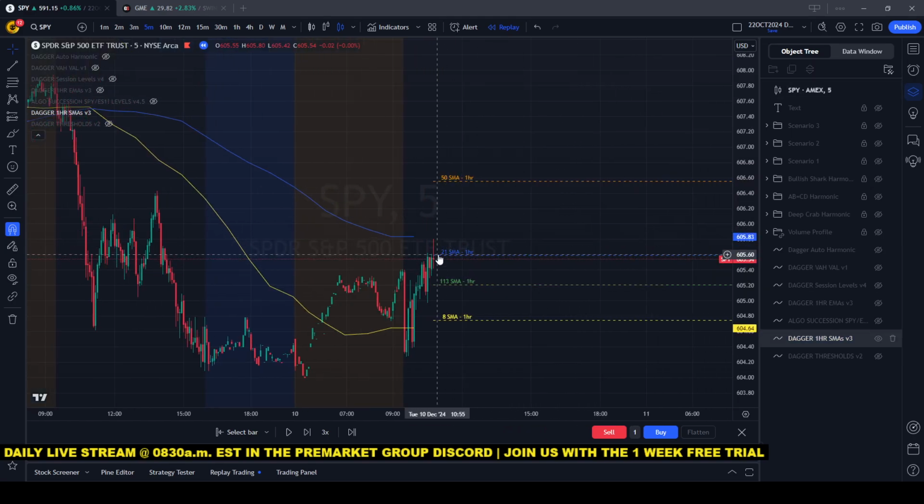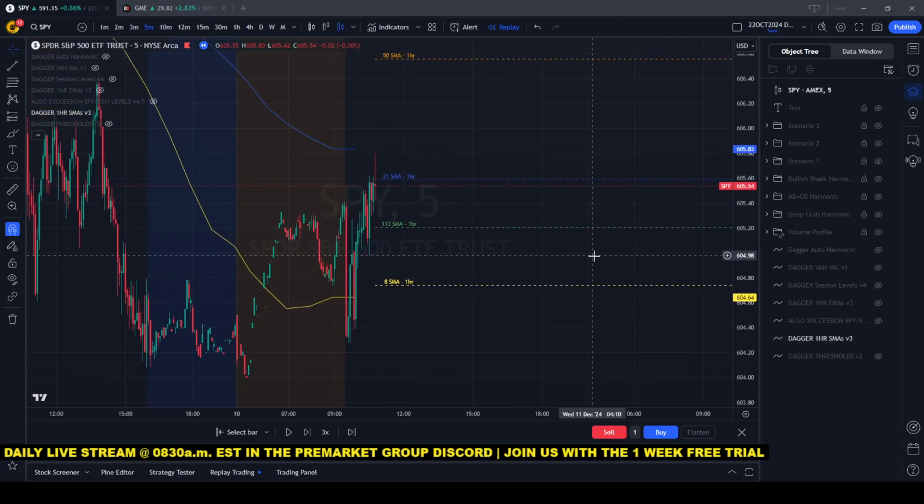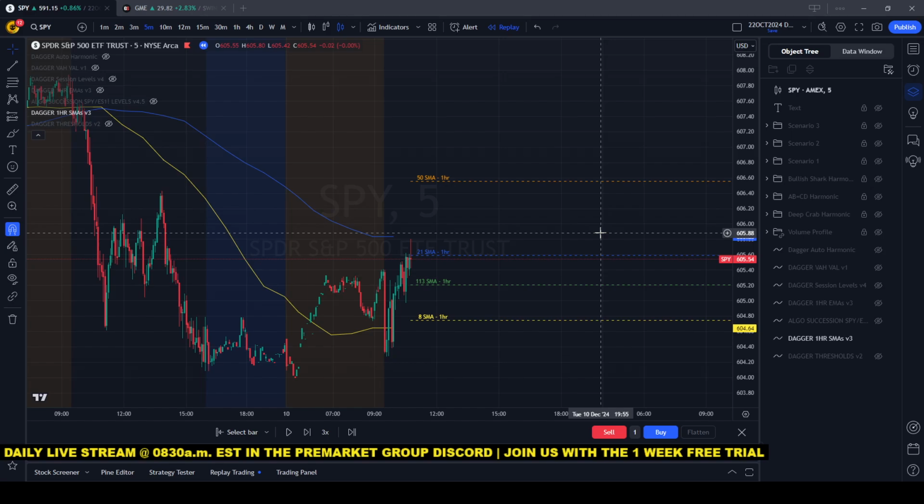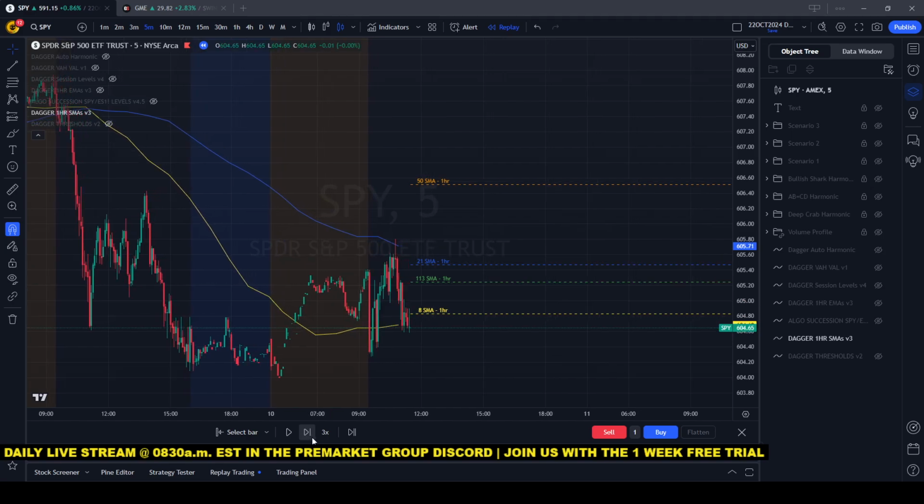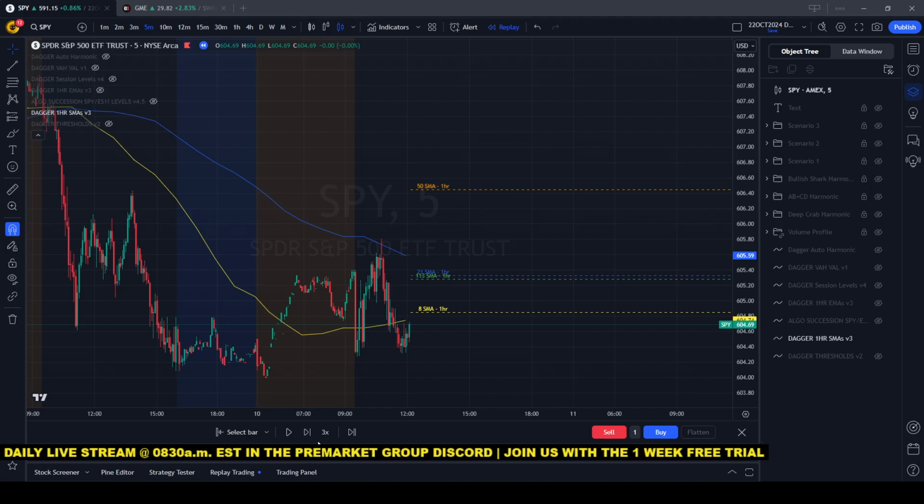So here's the magic setup right here with the 21. One of my favorite setups, the 21 SMA pop, especially for a downside. I love that setup. And we see what happens. Look, it all fell apart off that 21.